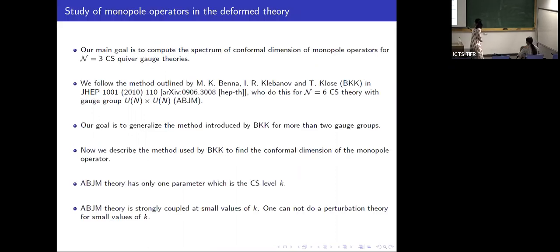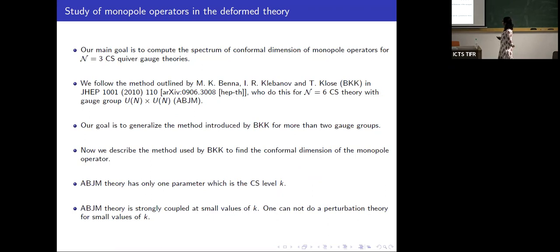Before getting into the details, let me quickly describe the motivation and logic behind our calculation. We want to compute the spectrum of conformal dimensions of monopole operators in N equal to 3 Chern-Simons quiver gauge theories. To do this, we follow the method outlined by Benna, Klebanov and Klose, who did the same computation for N equal to 6 Chern-Simons theories with gauge group U(N) cross U(N).